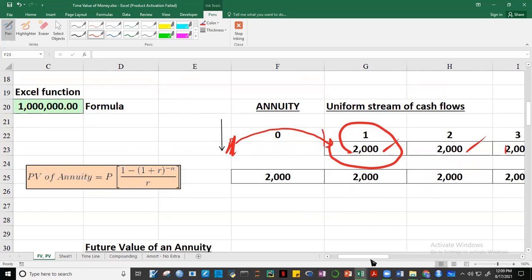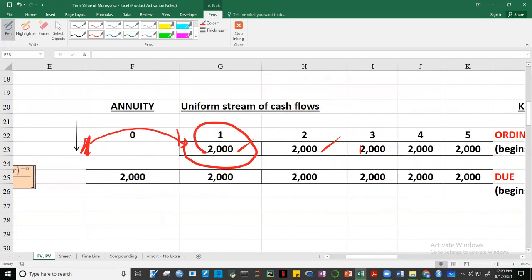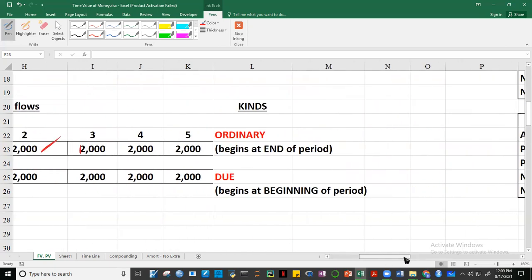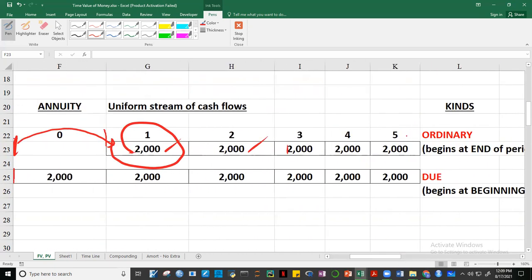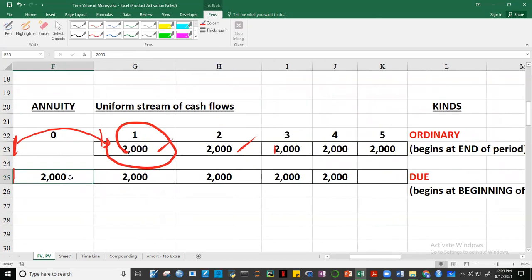On the other hand, annuity due, transaction now, immediately, guys, andyan yung cash flow, 2,000. Okay? So may mali dito, pakitanggal to, ha? Wala dapat to. So 5 lang na 2,000. No? 5 lang na 2,000. Ito, guys, immediately yan. You have immediately 2,000.